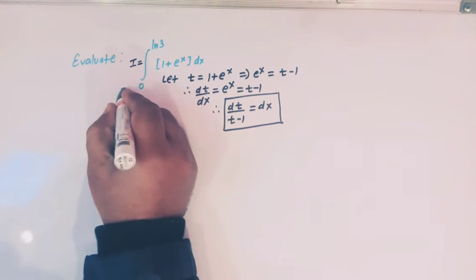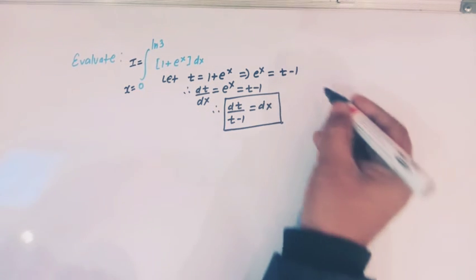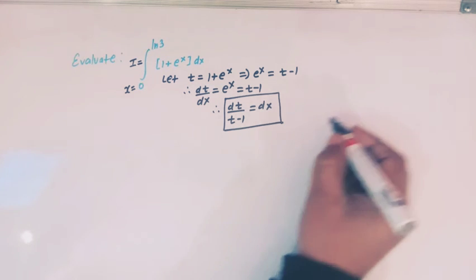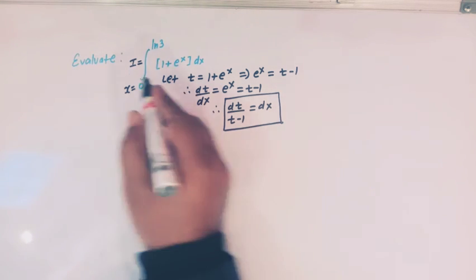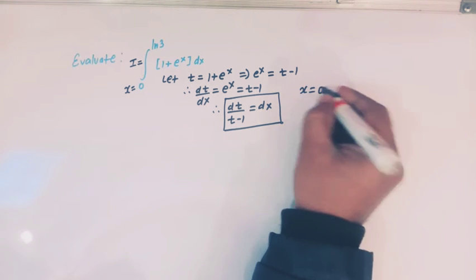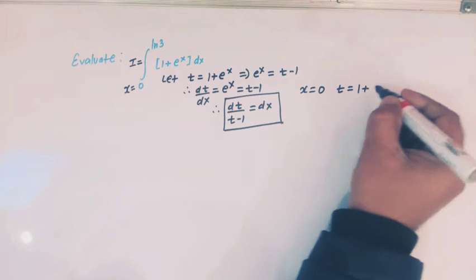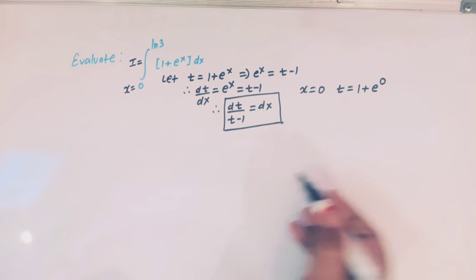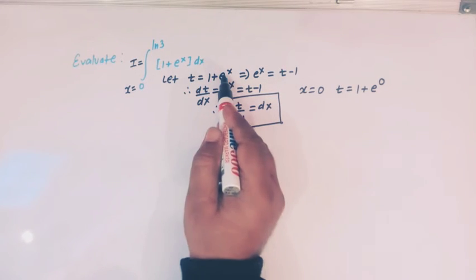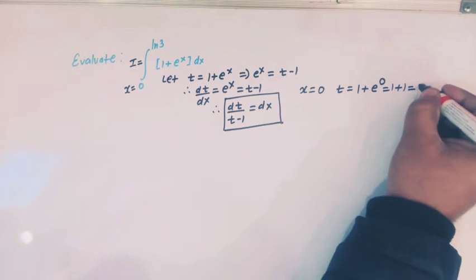Now x varies from 0 to log of 3, so let us change the limits accordingly. When x is 0, then t is equal to 1 plus e raised to 0, which is 1 plus 1 equal to 2.